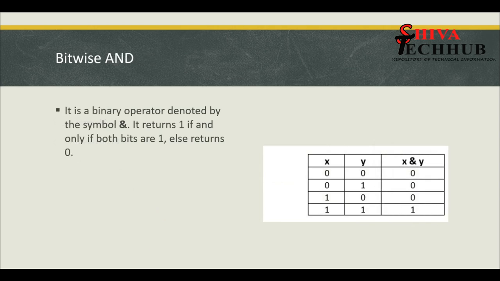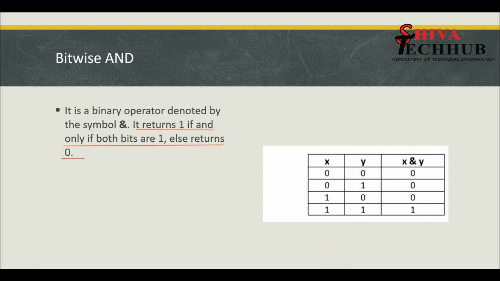Let us try to understand each and every one of the bitwise operators, starting with bitwise AND. As I said, it is denoted by ampersand, and the condition is it returns 1 if both the bits are 1, else it returns 0. This is important to understand.